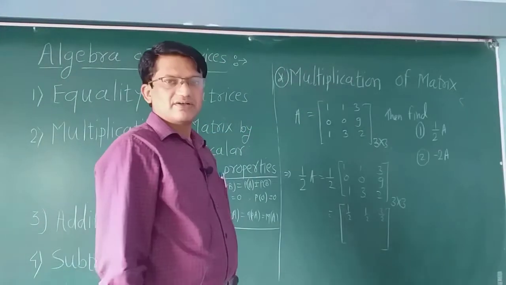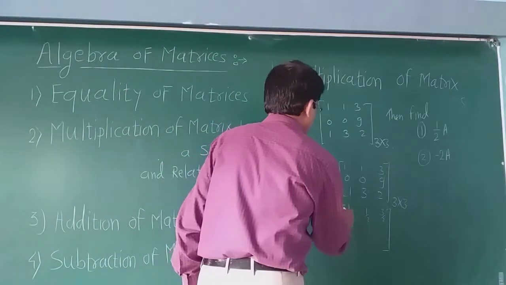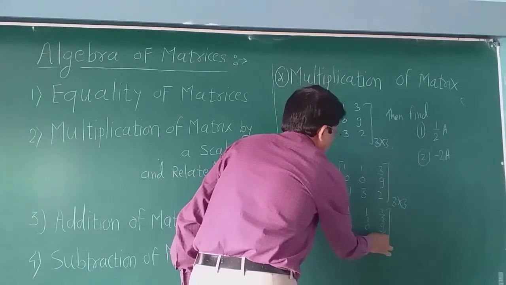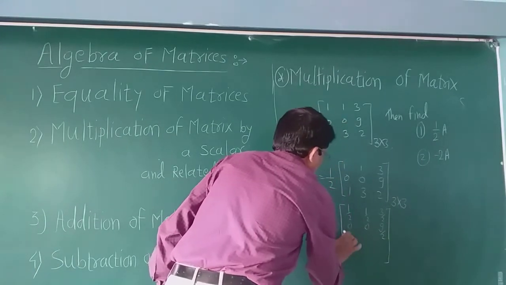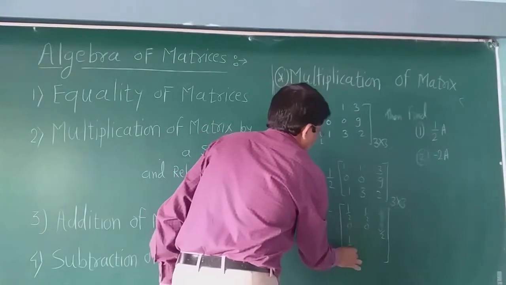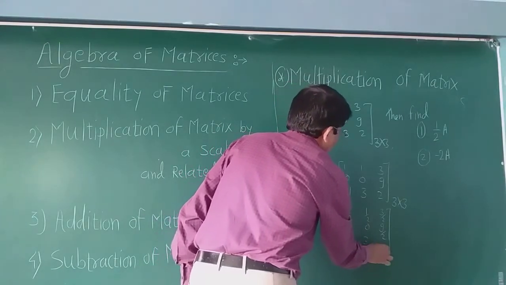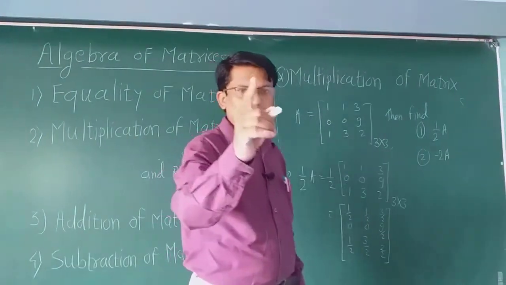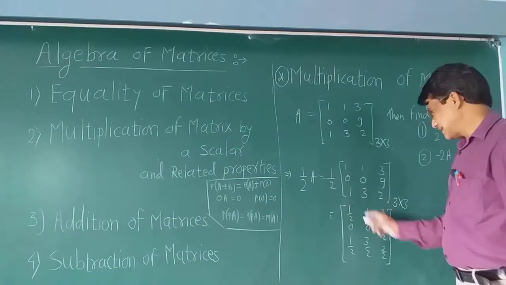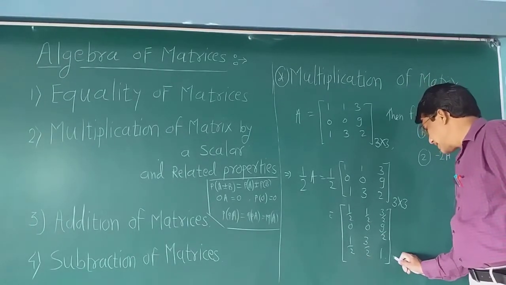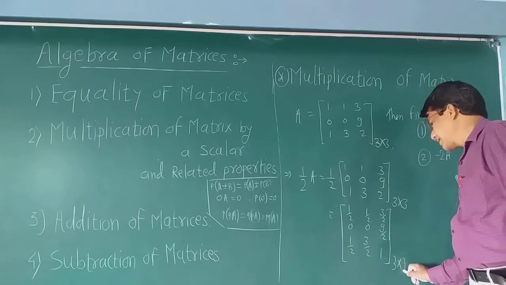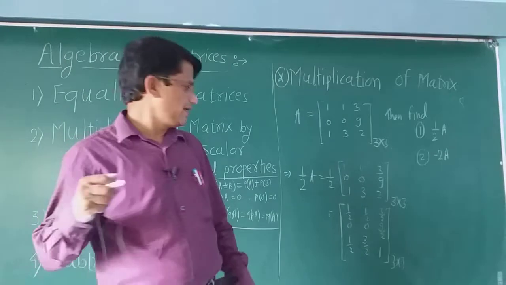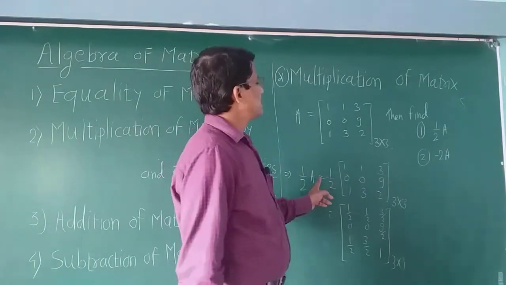Second row: 1 upon 2 with 0 is 0, 0, 9 upon 2. Third row: 1 upon 2, 3 upon 2, and 2 upon 2, which we can write as 1. Order is 3 by 3. This is the answer of 1 upon 2A.